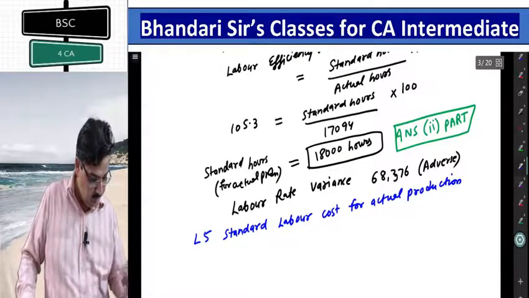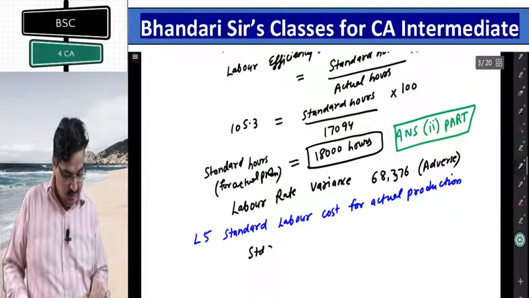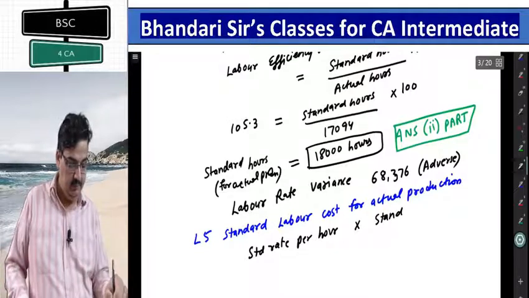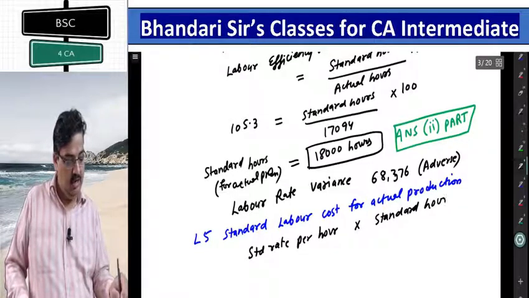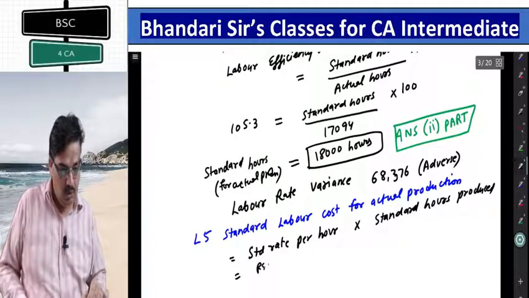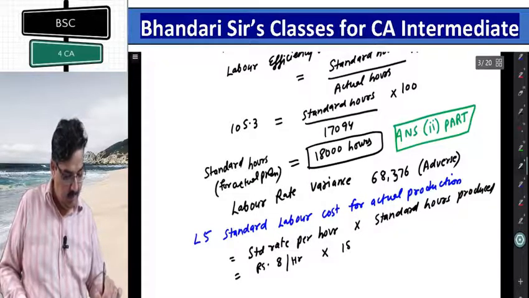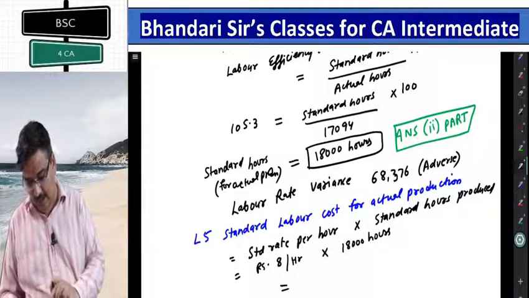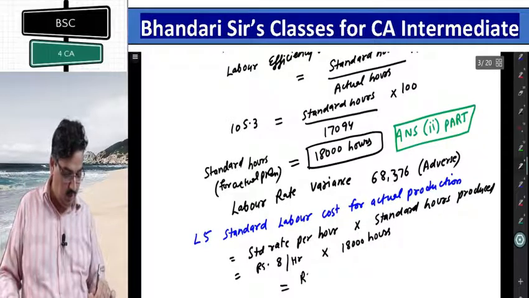This is standard rate per hour multiplied by standard hours produced. Special concept we have done earlier. Rupees 8 per hour multiplied by 18,000 hours. So 18,000 into 8, I am getting 1,44,000.